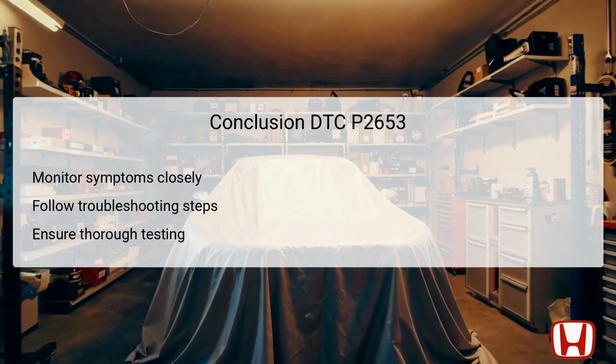future. In conclusion, DTC P2653 signifies an important issue regarding the rocker arm oil control solenoid B circuit's low voltage. Monitoring the symptoms closely, such as poor performance and the check engine light, allows for timely intervention.